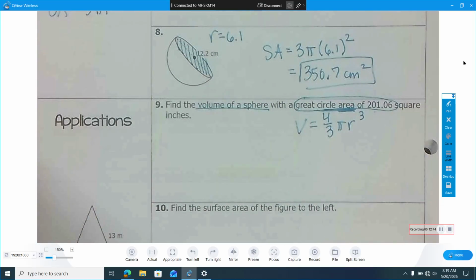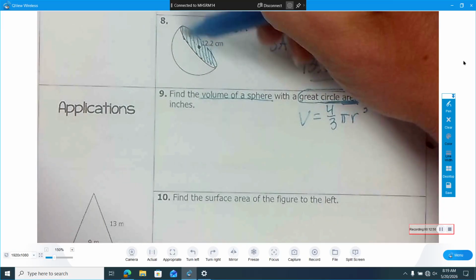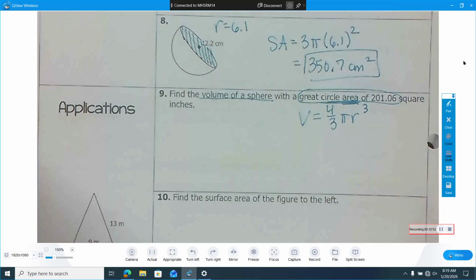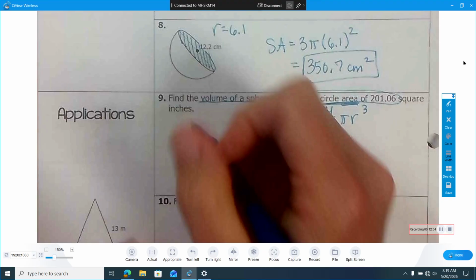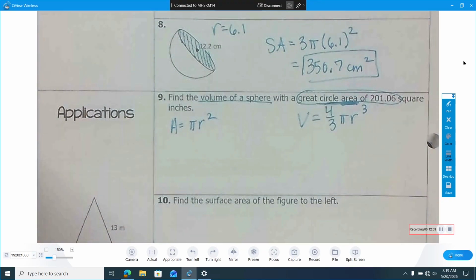So if they just gave us length units like feet, here they're giving us area. That great circle area is really a circle, so that area for a circle is pi r squared.